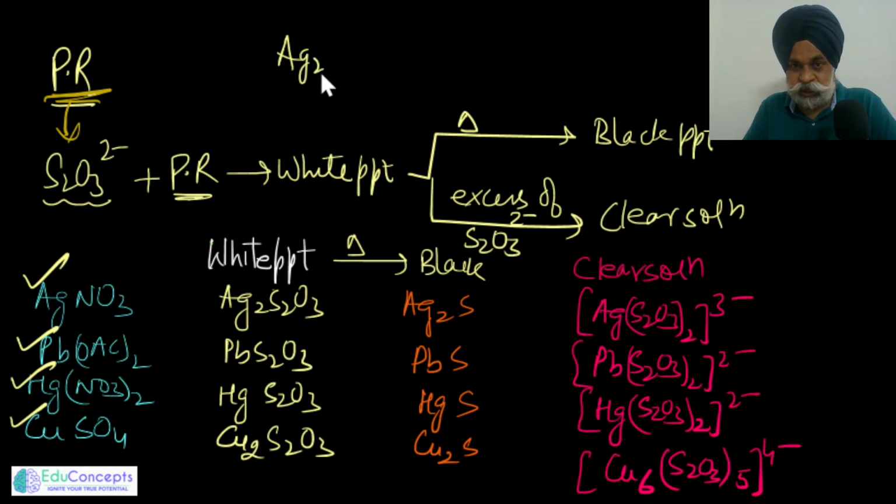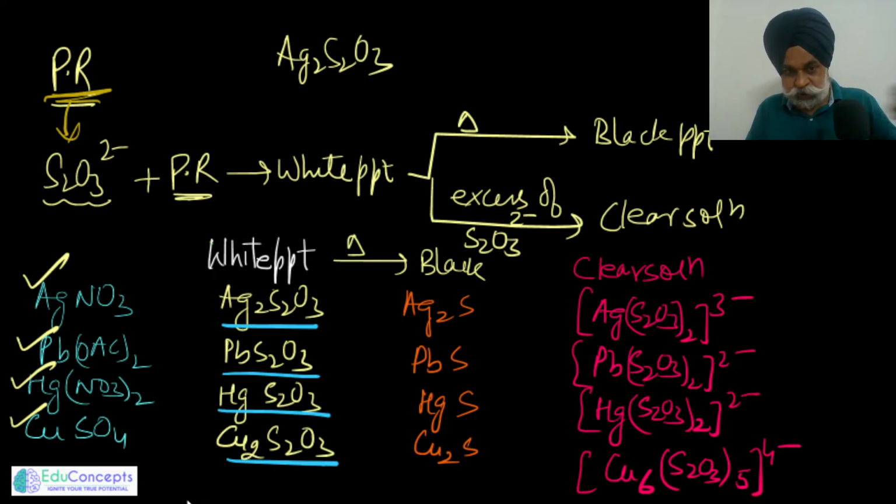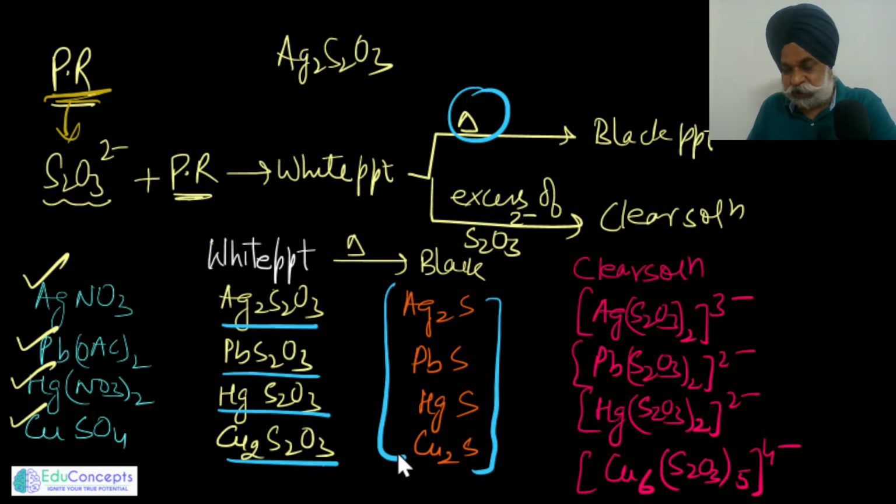So it can be Ag2S2O3, which I wrote here to save time, or lead, or mercury, or copper. You always have to remember this. And if you heat, all of them change to black sulfide, because sulfides are generally black, leaving aside a few. Generally cadmium sulfide is yellow, manganese sulfide is pink, mostly others are black.